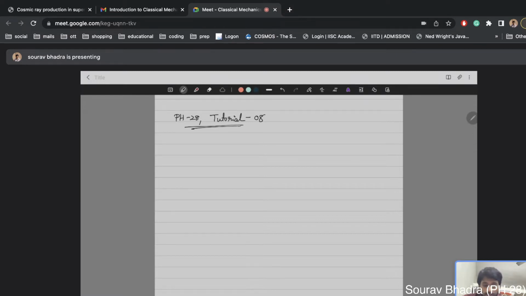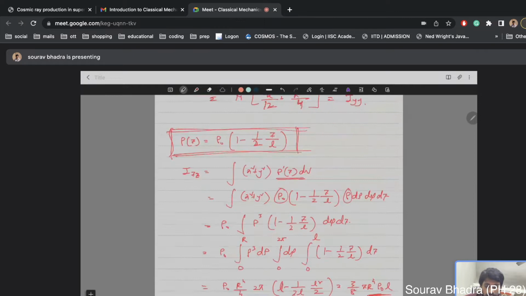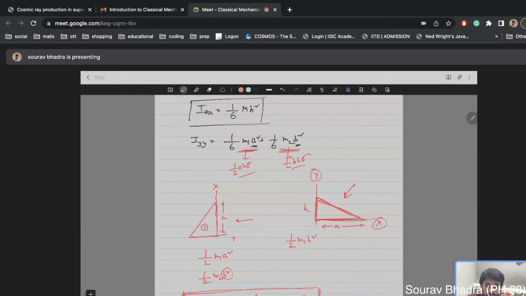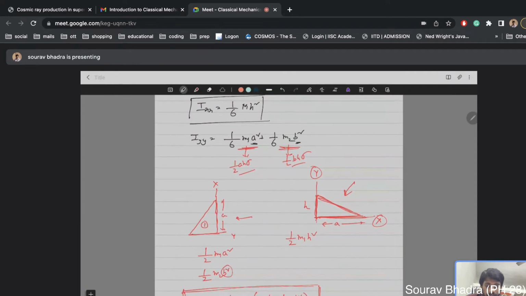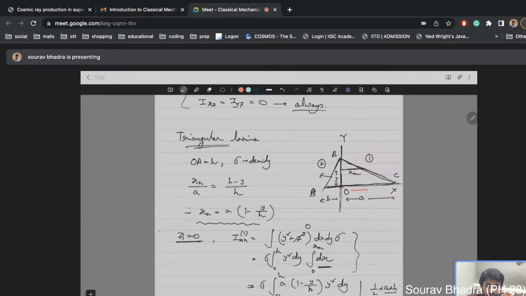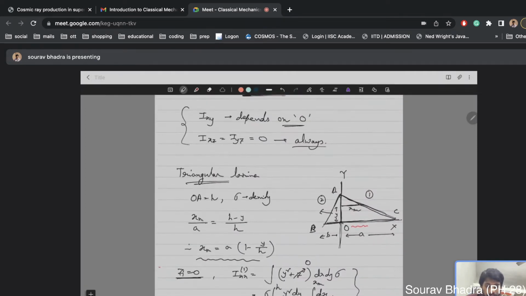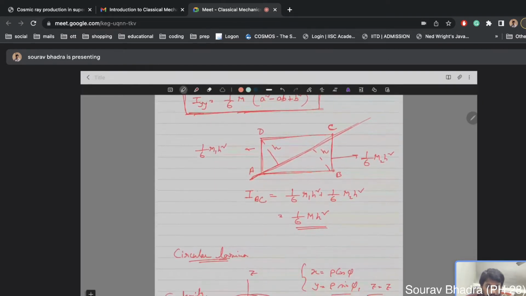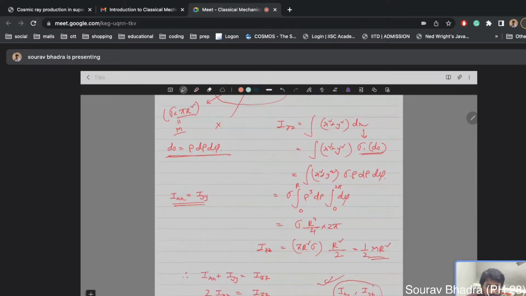In the last class, I calculated the moment of inertia of various types of objects like a triangular lamina, a rectangular lamina, and a circular lamina.